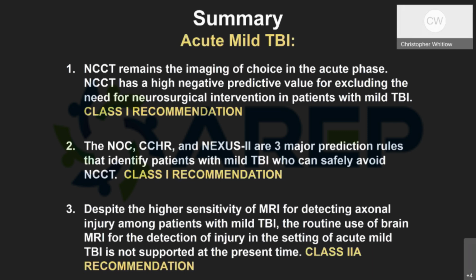And we have several decision criteria, all three major prediction rules that identify patients with mild TBI who can safely avoid non-contrast head CT, and each one of them has different sensitivities and specificities, with the New Orleans criteria having the most sensitivity. That's a class 1 recommendation. Despite the higher sensitivity of MRI for detecting axonal injury among patients with mild TBI, the routine use of brain MRI for detection of injury in the setting of acute mild TBI is not really supported at this time, and that's a class 2 recommendation.